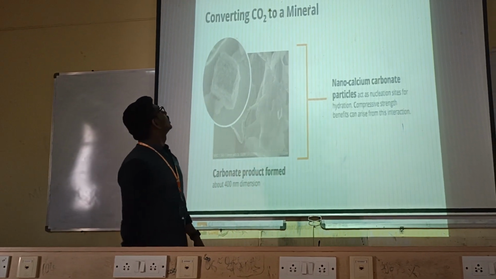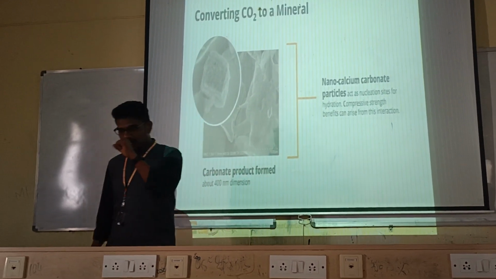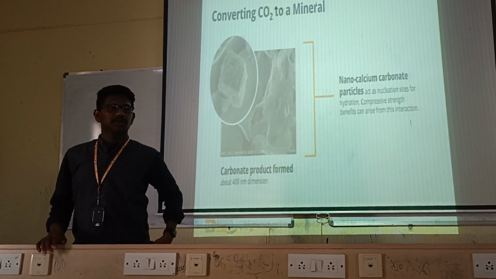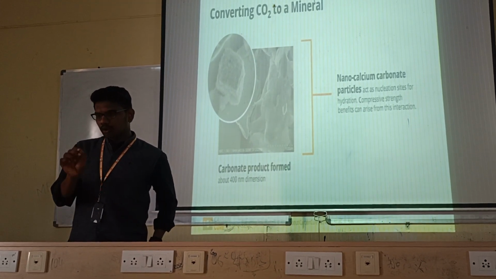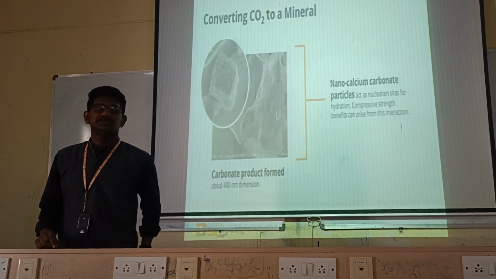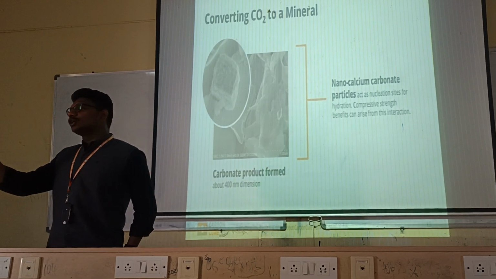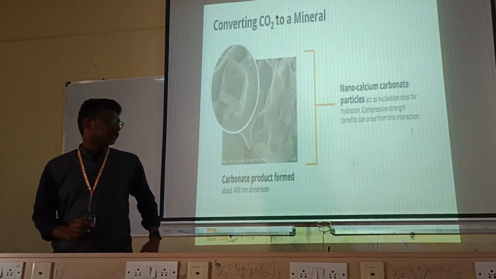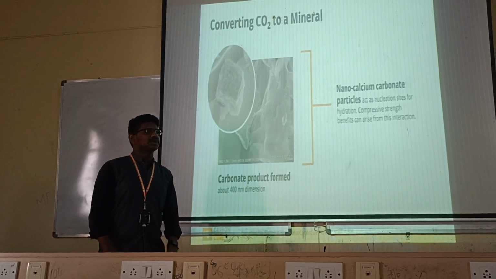Now, after the carbon dioxide is converted into calcium carbonate, 0.2% of the cement in the mix will be converted into a nanomaterial, a nanoparticle, very small in size, specifically in the range of 400 nanometers.